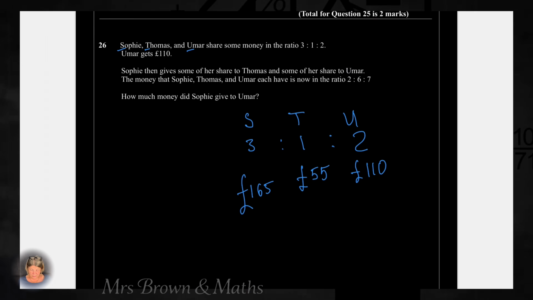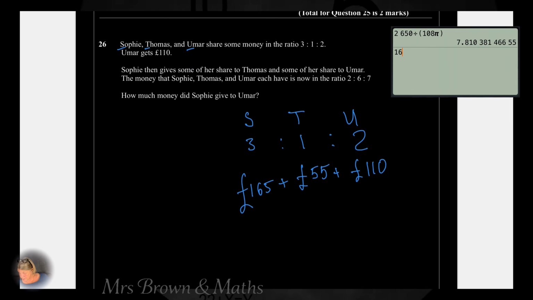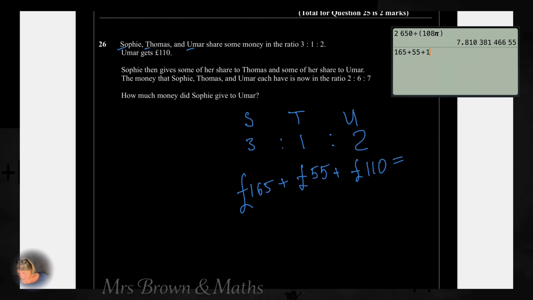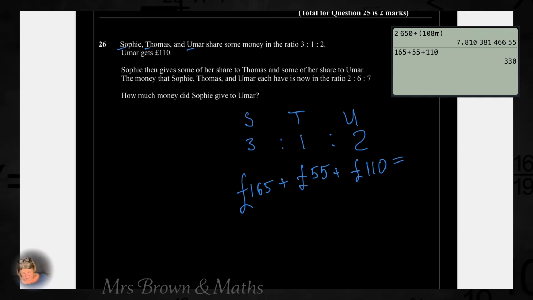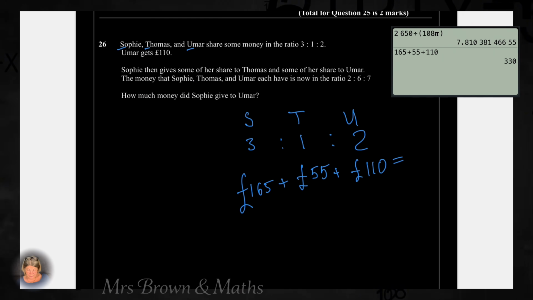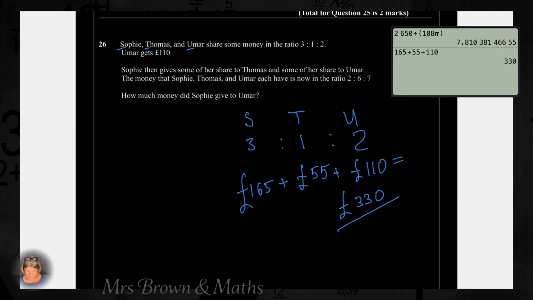Add them together and it will be 165 plus 55 plus 110 is 330 pounds total. Right. Sophie, at this point, you already get 2 marks.